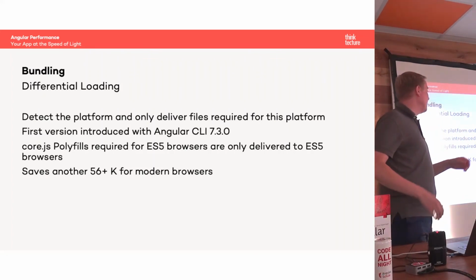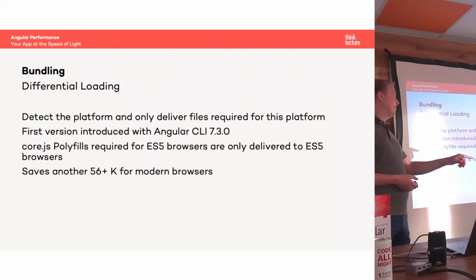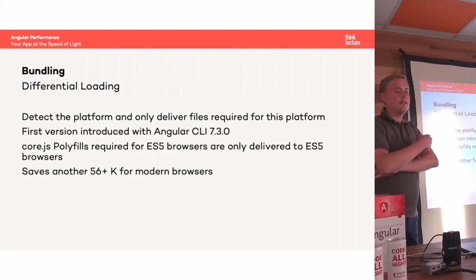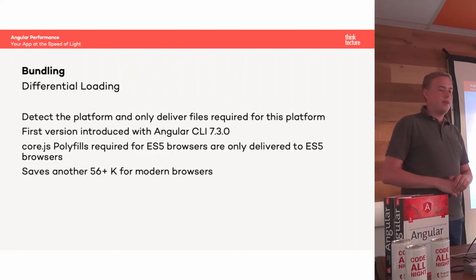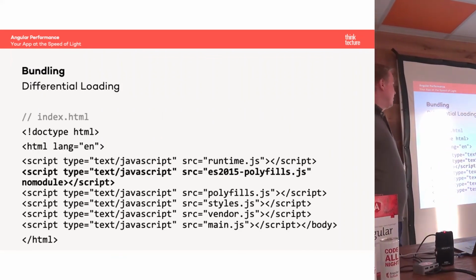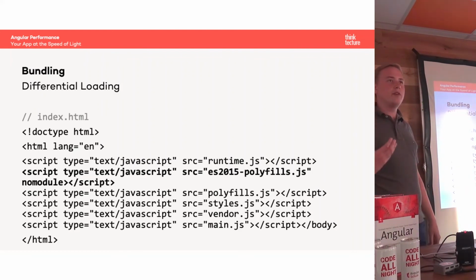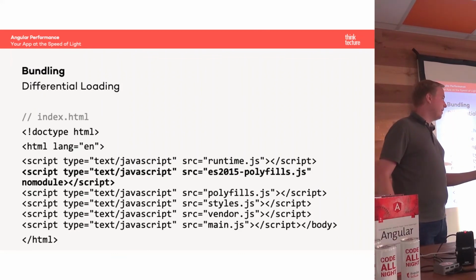So in Angular CLI 7.3.0, the polyfills are delivered in an ES5 format and in the ES 2015 format, and for modern browsers this saves another 56 plus K. Here you can see how that works. nomodule is a marker for new browsers, and when they understand the so-called module syntax, so to speak, they will not load this file.